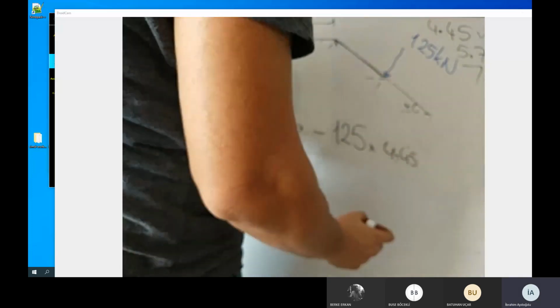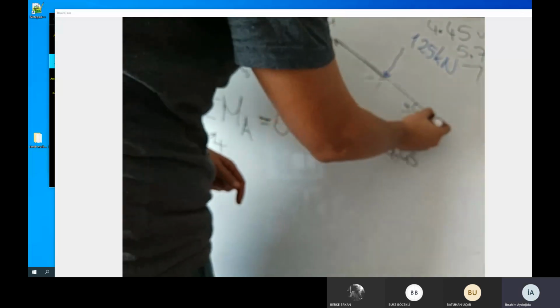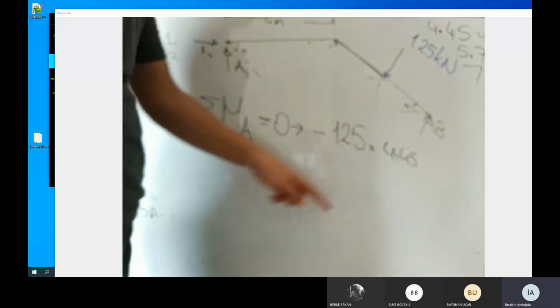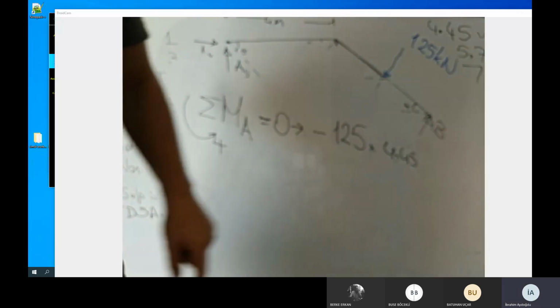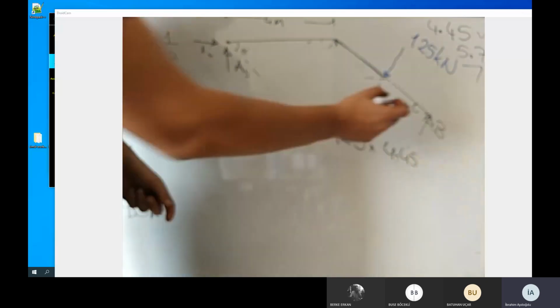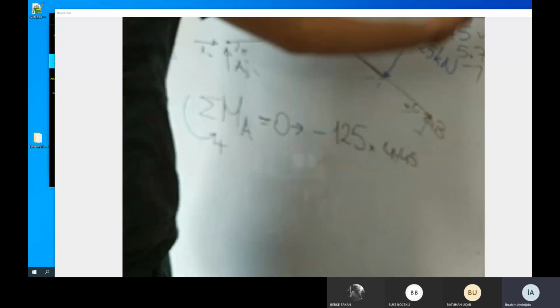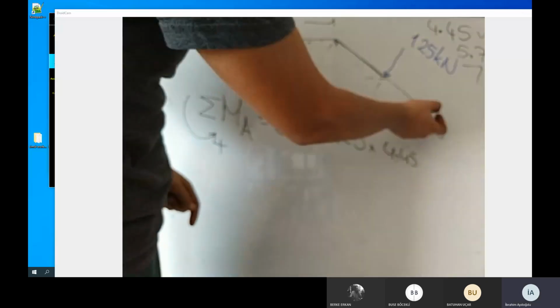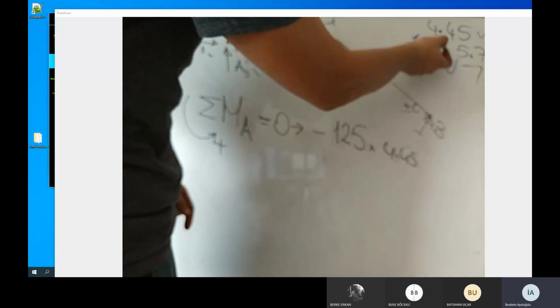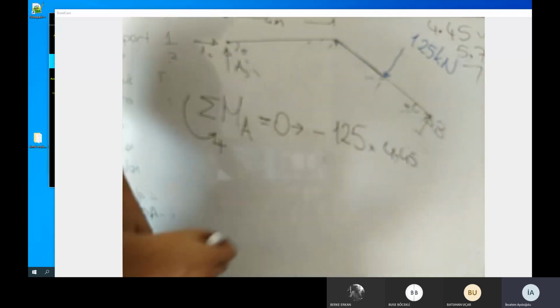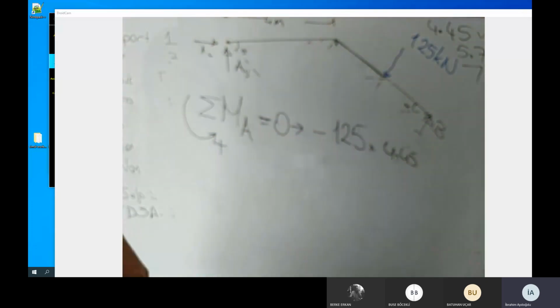Then we also have the support tension B. We don't know the value, but I assume the up direction. When you assume an up direction, this force makes a counterclockwise rotation.